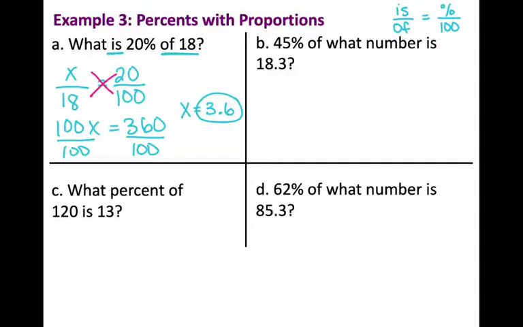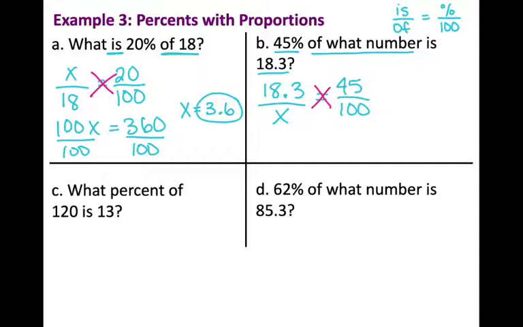Letter B, I have my percent. So 45% of what number is 18.3? So I have my is. I don't know my of, but I do have my percent over 100. Cross multiply again.